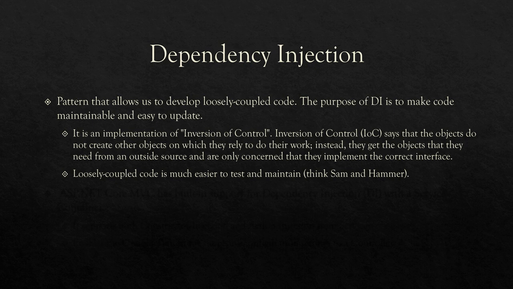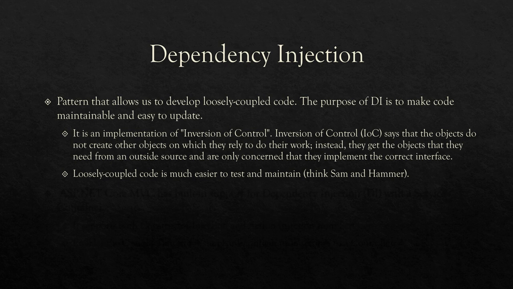In order to have separation of concerns, they will get the objects passed to them from outside. And they're only concerned that the object they're given implements the correct interface. And so dependency injection gives us a container that will build the objects that are required and pass them into all of our objects. This gives us loosely coupled code. And that is the key to making it easy to test and maintain all of our classes.